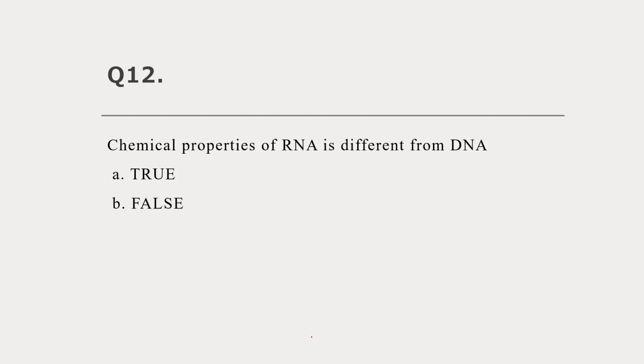Fine. So let's move to the next question. The chemical properties of RNA are different from DNA. Is it true or false? Try to answer this question. The chemical properties of RNA are different from DNA.